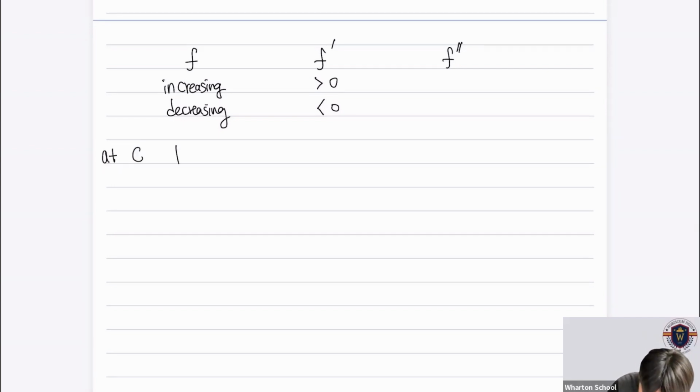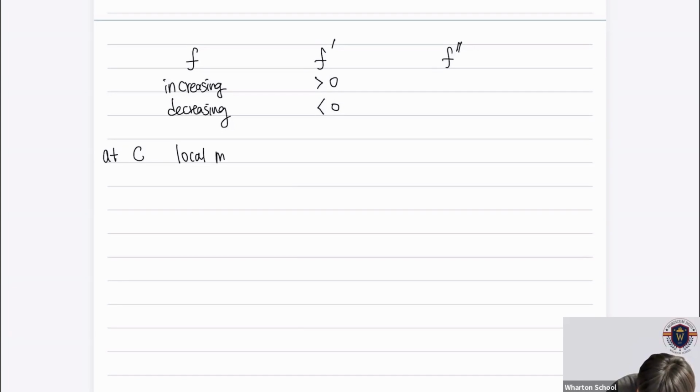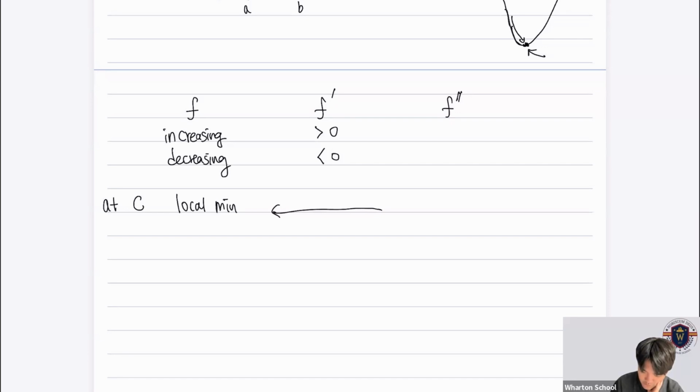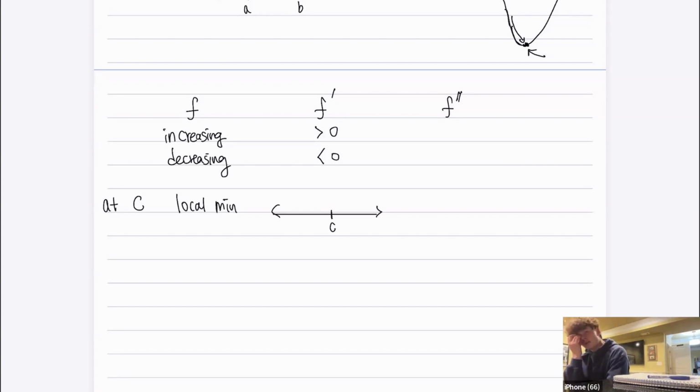When does f have a local minimum? Minimum is when f prime of x is 0, but f double prime is positive. Yes. So if you have a critical point here, this is the critical point.